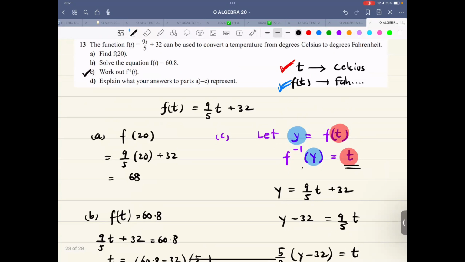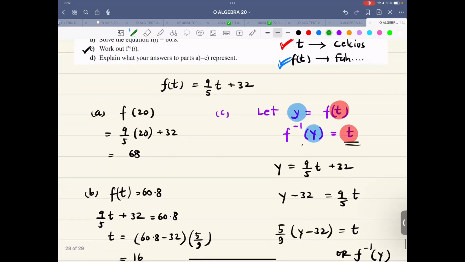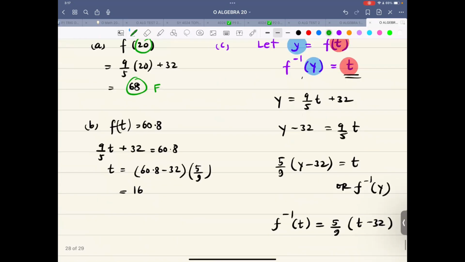Explain what your answers to part A to C represent. Good question. Part A, what does it represent? It represents converting temperature from degree Celsius to degree Fahrenheit. So 20 degrees Celsius is giving me 68 degrees Fahrenheit. In part B, it's the opposite: Fahrenheit is given, and I'm asking for degrees Celsius.